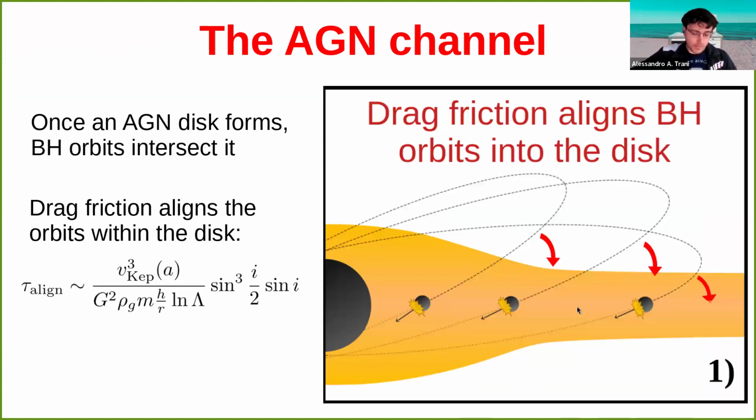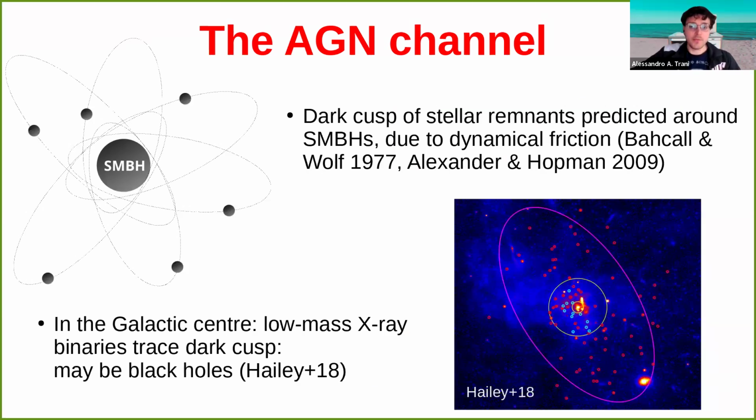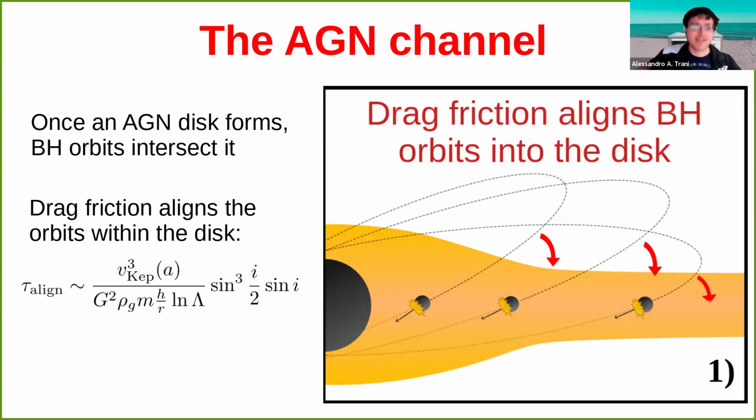If this galactic nucleus becomes active, a disk of gas forms around it, probably due to a galaxy merger, or maybe even gas dynamical instability in the galaxy. There is an inflow of gas and a disk forms.